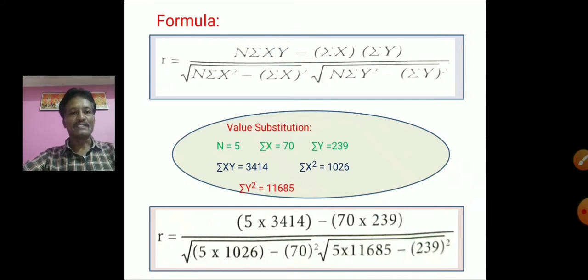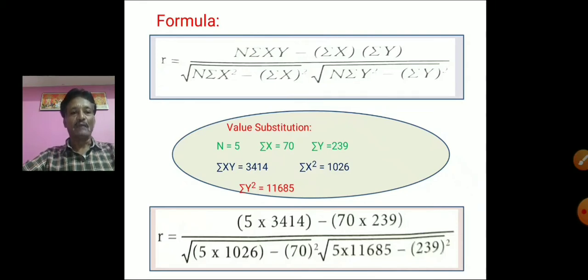Sigma x square is equal to 1026. So 5 into 1026 minus sigma x equal to 70, the whole power 2, under root of again n equal to 5 multiplied with the sigma y square value that is equal to 11685, put minus sign, and sigma y equal to 239, that is whole power 2.